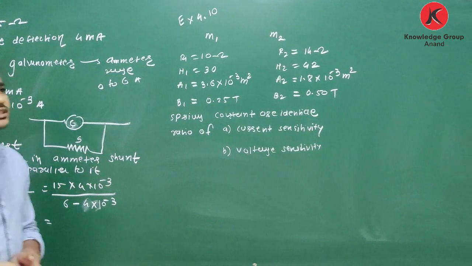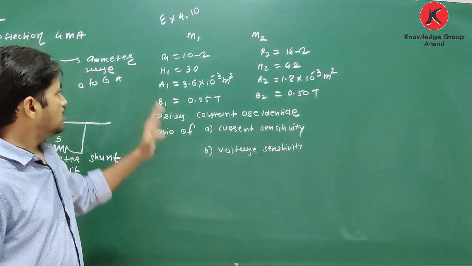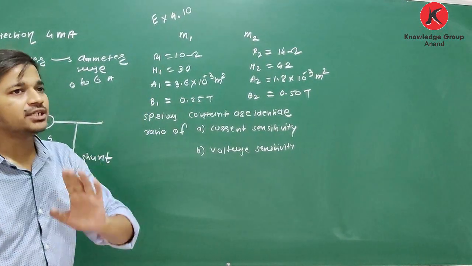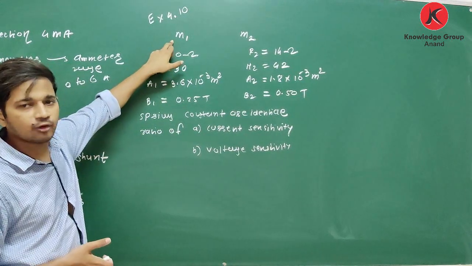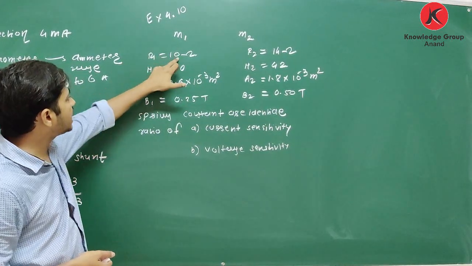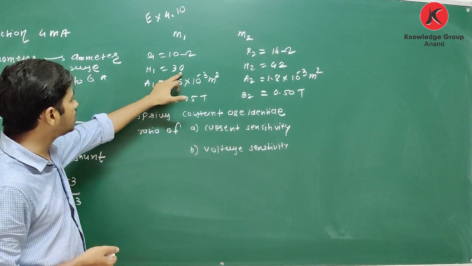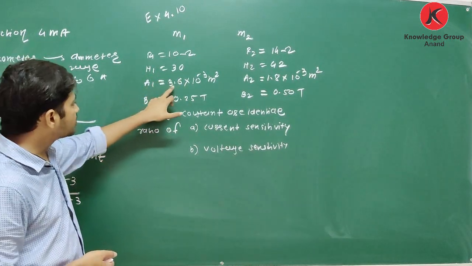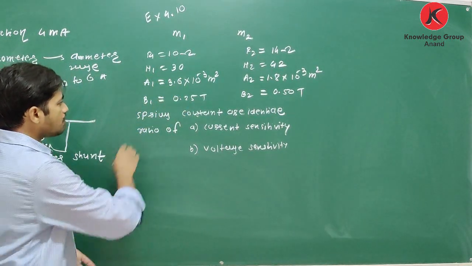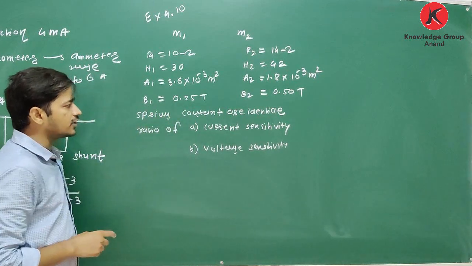Exercise 4.10. Yes, you are given two moving coil galvanometers. For the first moving coil galvanometer, resistance 10 ohm, number of turns 30, area of loop 3.6 into 10 raised to minus 3, magnetic field 0.25 Tesla.